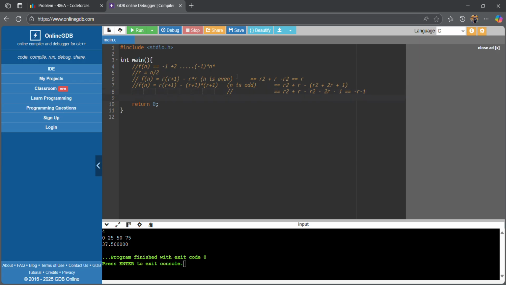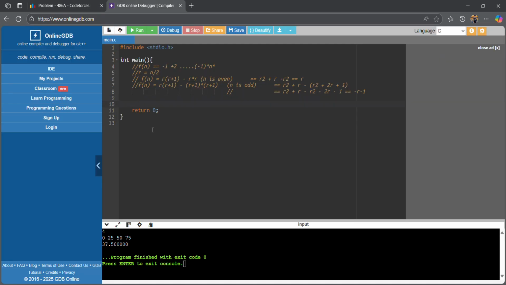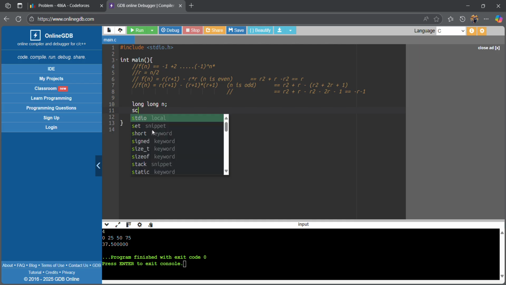So let's start coding it. First we have to take input. We have to take a long integer as an input, so I would suggest to have a long function. So long n, we will take input with percentage LLD for long and percentage n.